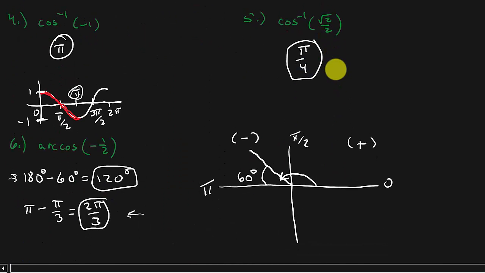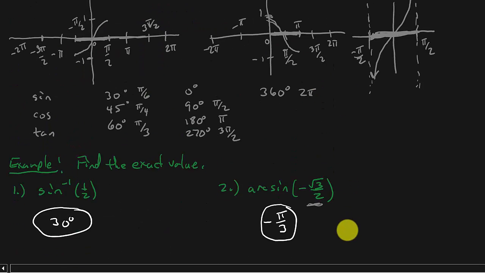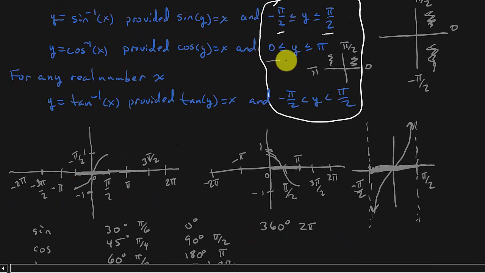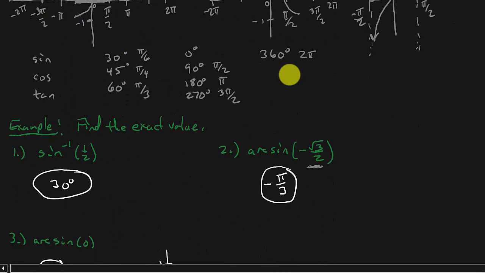But on cosine, when we said the cosine of what is a positive 1/2, we got that angle, and then we had to use that as a reference angle to find that second quadrant angle. And that is because cosine is between 0 and pi. So we had to get that second quadrant angle. It's not like inverse sine and inverse tangent.